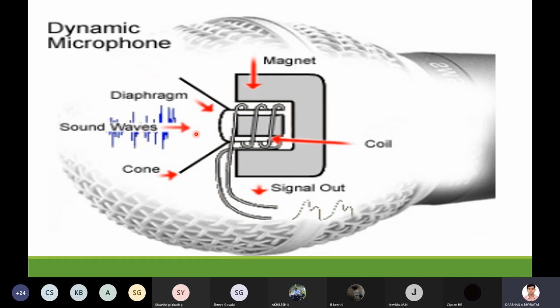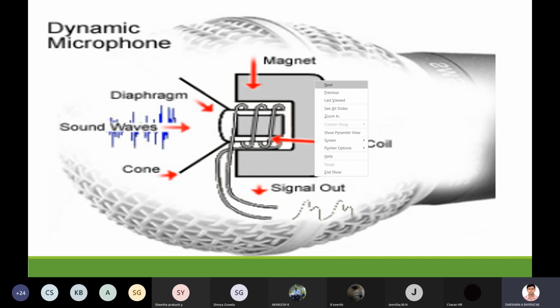Whenever the sound waves are incident, they vibrate the diaphragm, and based on that it generates the electrical signal. That is, it converts sound energy into an electrical signal. We also call these transducers: a transducer converts one form of energy into another.